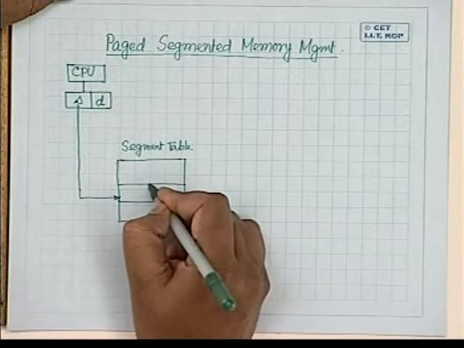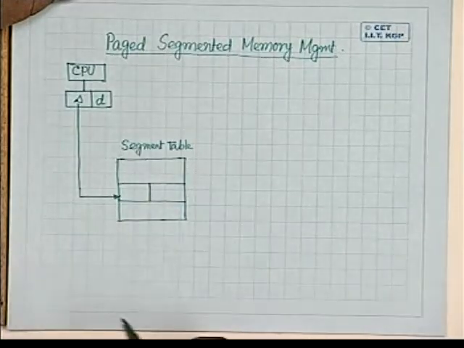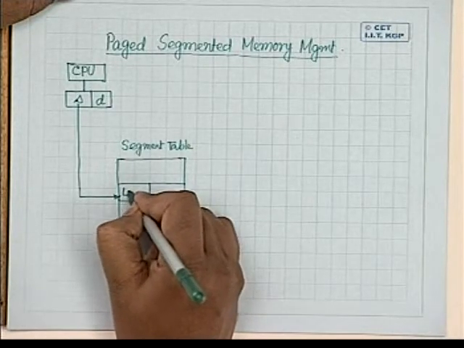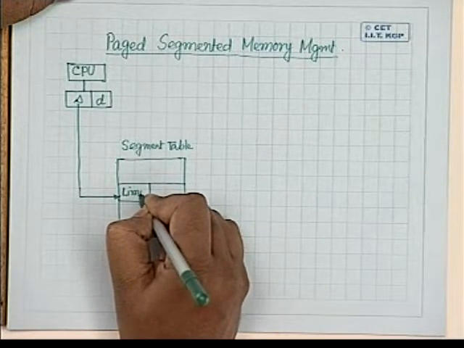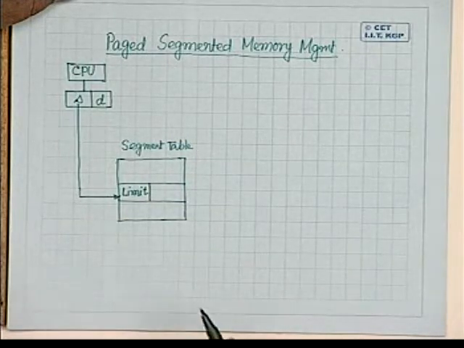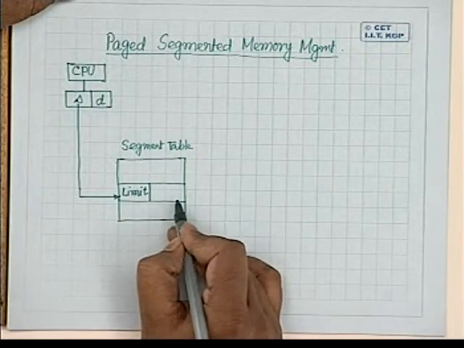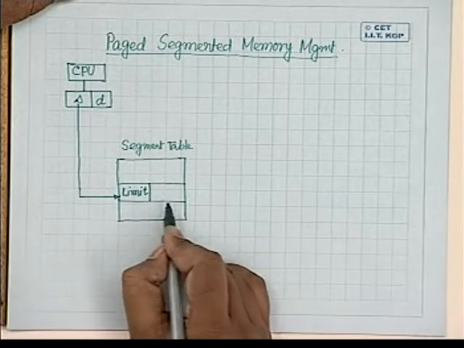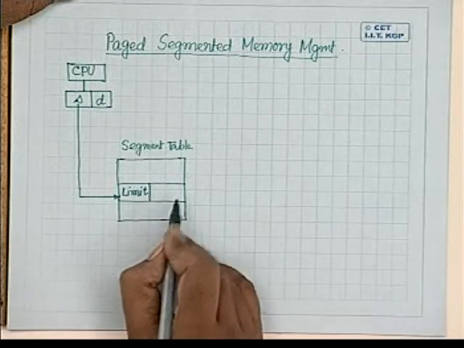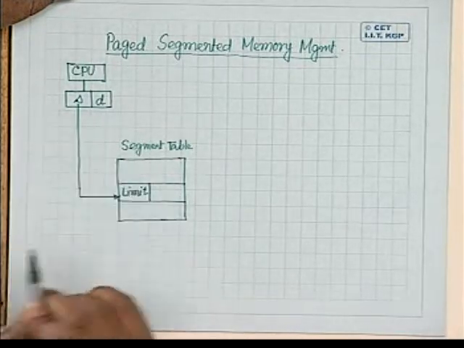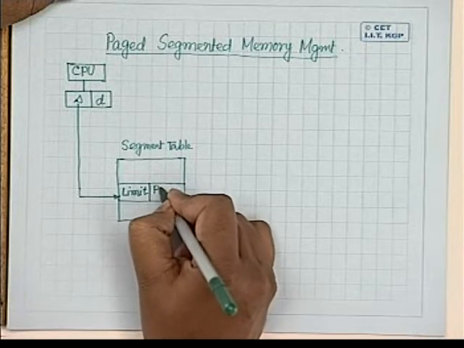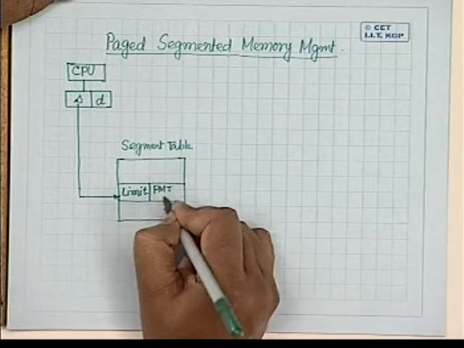So here, every entry in the segment table will contain two fields. One field gives the length of the segment, specified as limit. And the second field, instead of giving the base address of the segment in main memory, gives the base address of the page map table for this segment. So this gives the page map table base address.